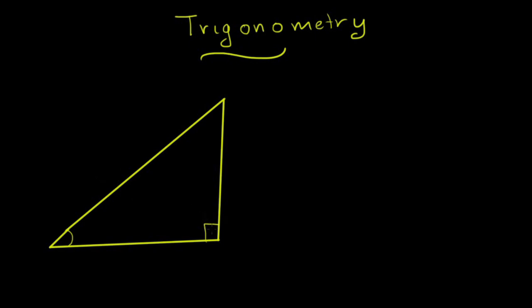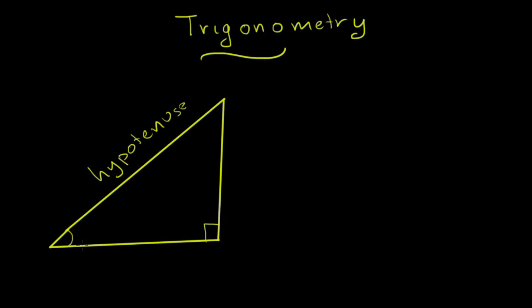Okay, so one thing you have to remember is the opposite side to the right angle, which is this side, which is this angle. The opposite side to the right angle is called the hypotenuse. Hypotenuse, and the opposite angle to this thing.